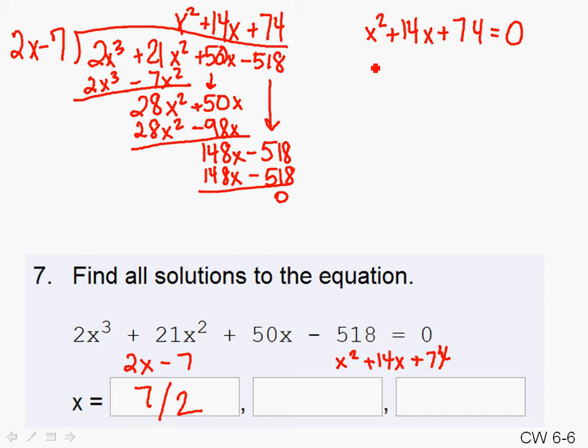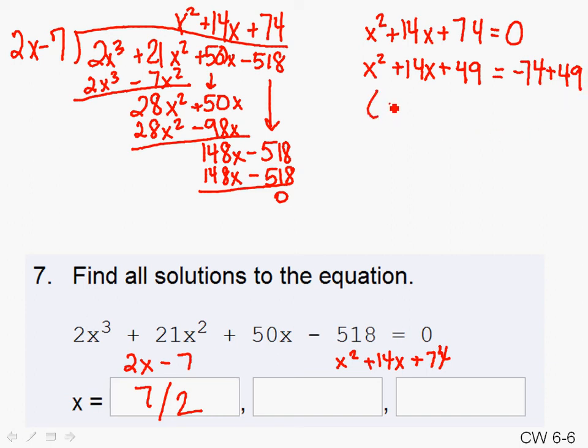We're going to solve by completing the square. So we have x squared plus 14x plus something equals negative 74. I subtracted 74 from each side, plus that same something. This c value is half of b, or b divided by 2, squared. So b is 14, divided by 2 would be 7. 7 squared is 49, which I'm going to add to both sides of my equation.